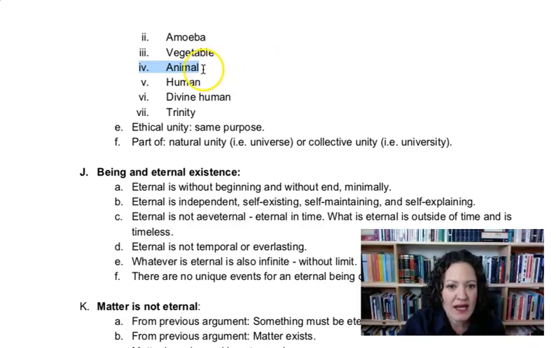Now, animals are life, but it's a different kind of life now. It's getting more complex. Animal life is sentient life. I have some animal life in the room right now, just to let you know. Sentient life.